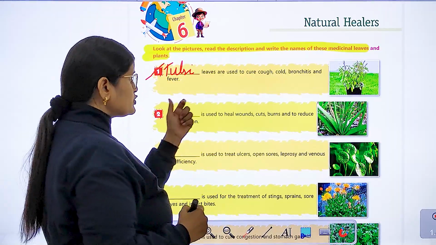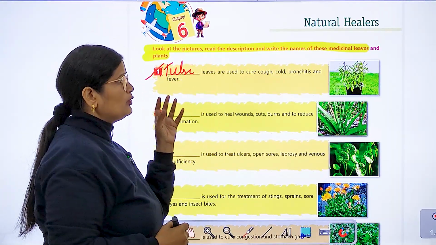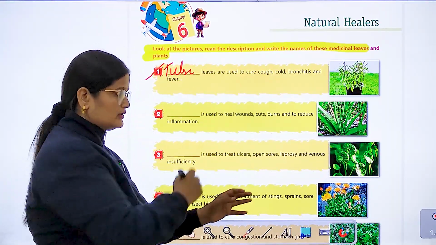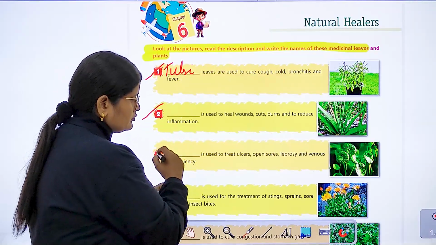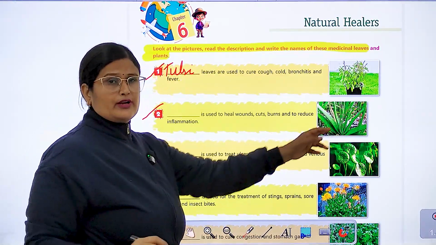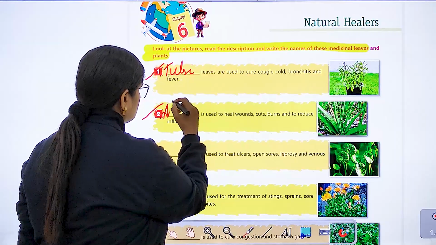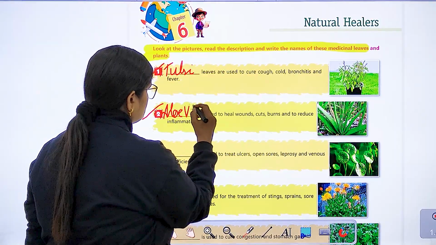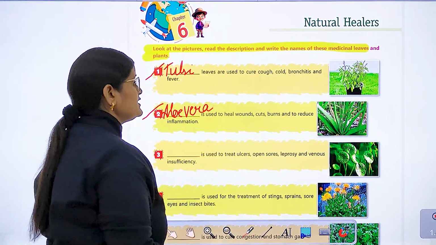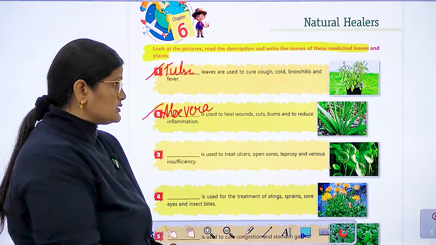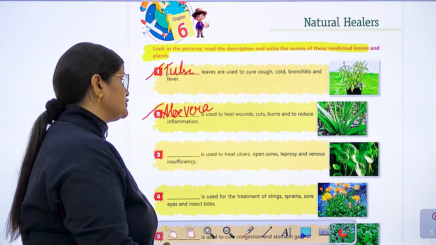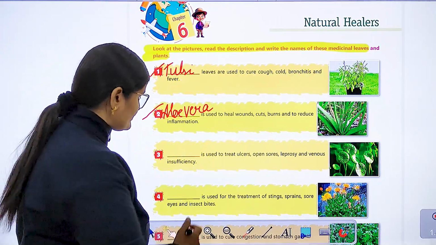Tulsi leaves are used to cure cough, cold, bronchitis and fever. Number 2. This is aloe vera. Aloe vera is used to heal wounds, cuts, burns, and to reduce inflammation.